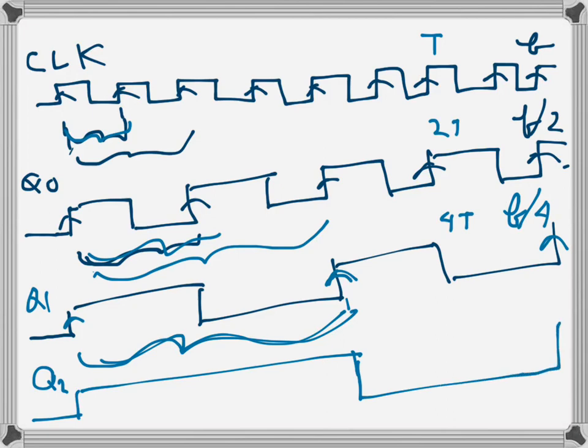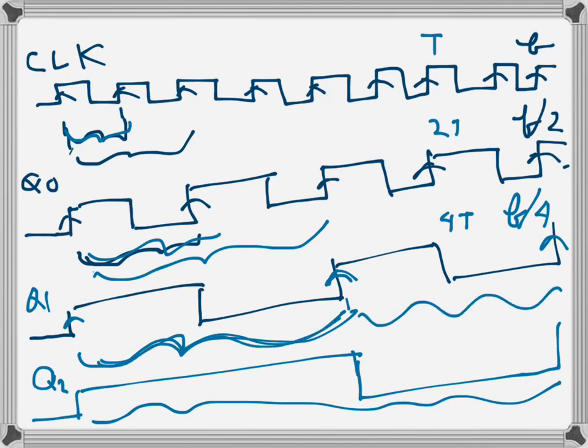So 1 cycle is up to there, which is 2 of this signal. That means the time period will be 8t, 2 of 4t, and the frequency has become f over 8, half of this one.